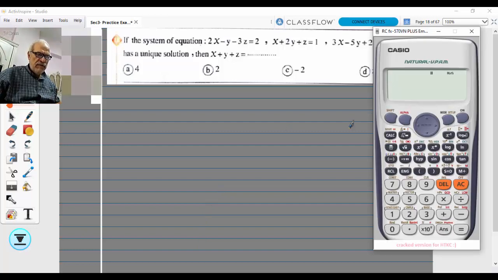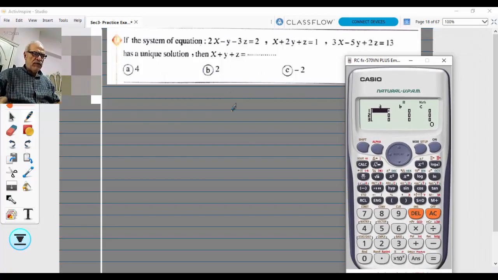Okay, here we have mode equation, and here we write the coefficients. The coefficients of the first equation: 2, equals -1, equals -3, equals 2.